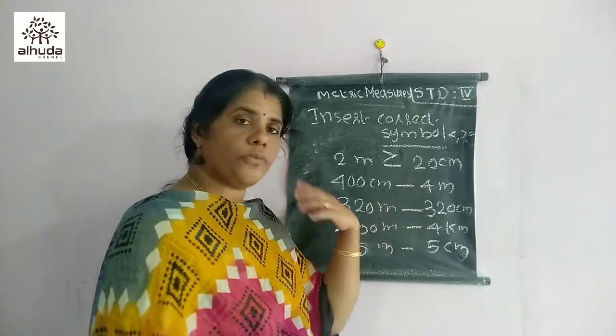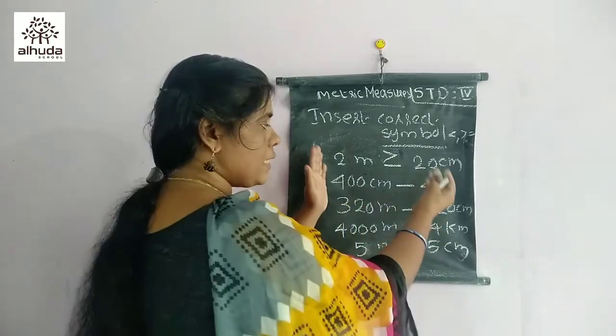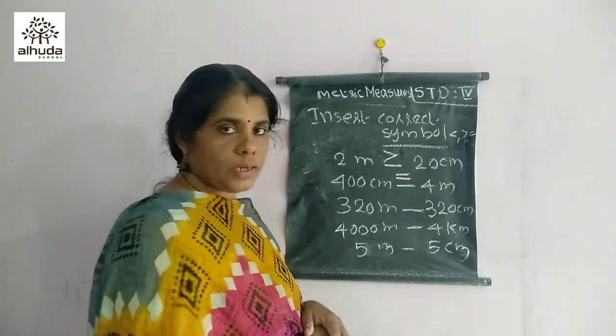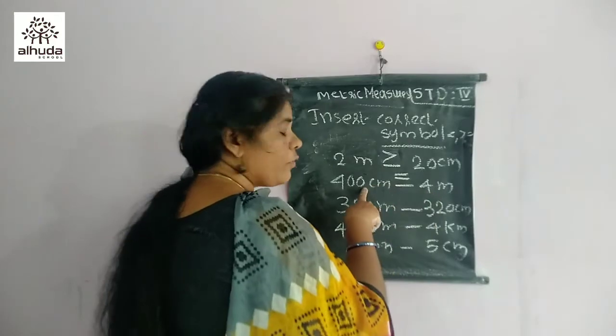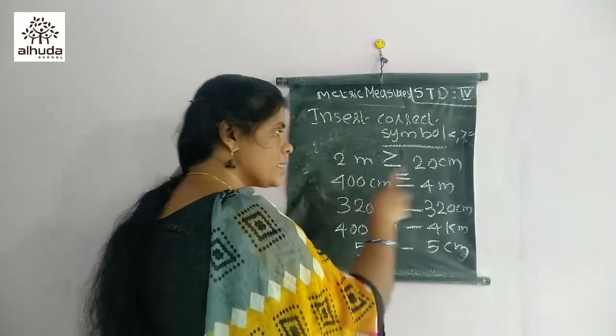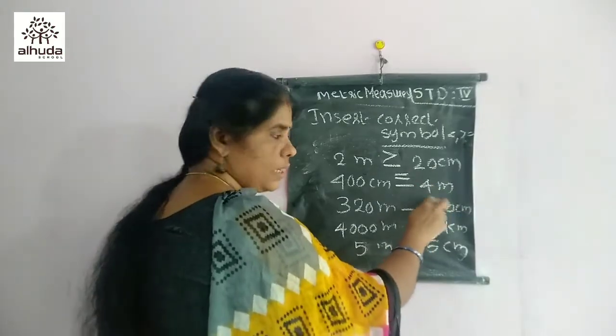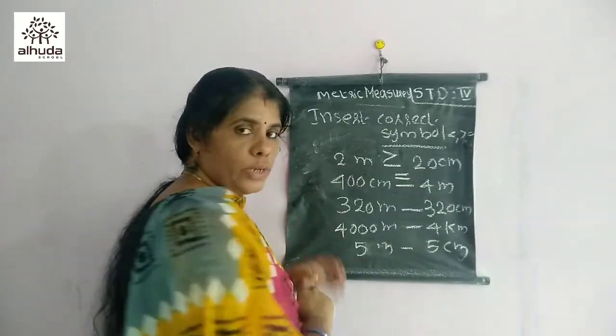So both sides are equal. Understood? 4 meter equals 400 centimeters. So put the equal sign.